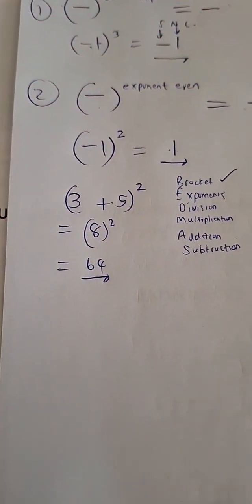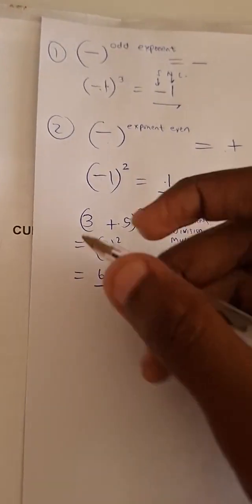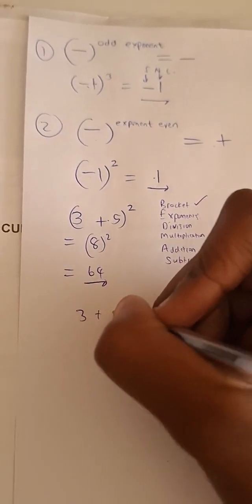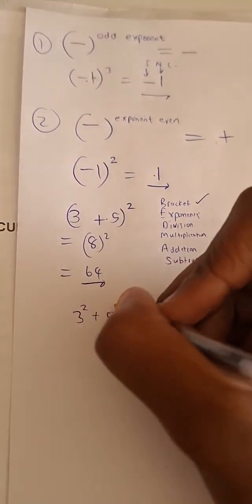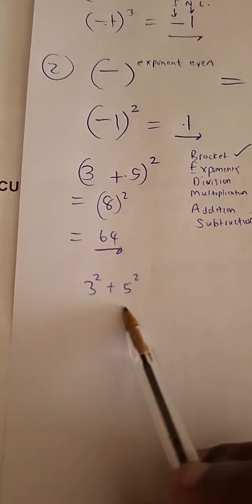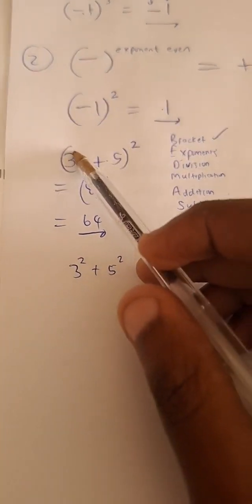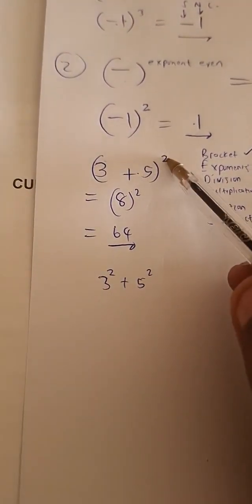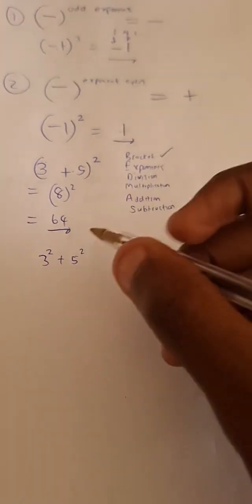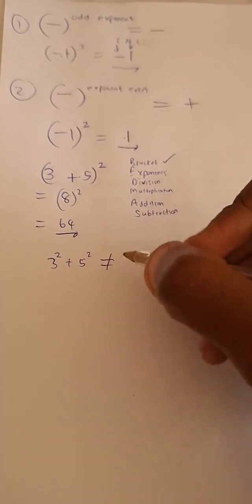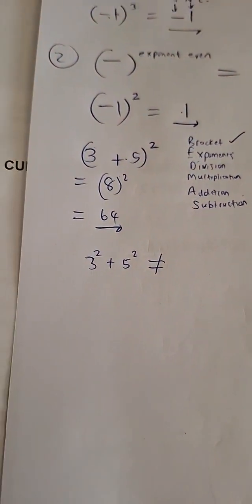Guys, I hope I never see any of you do the following. This is very dangerous. If you apply the square to the 3 and then apply the square to the 5, this is totally wrong.